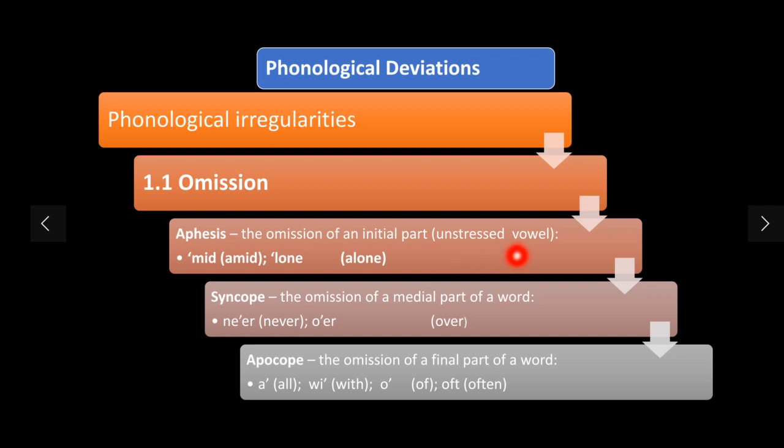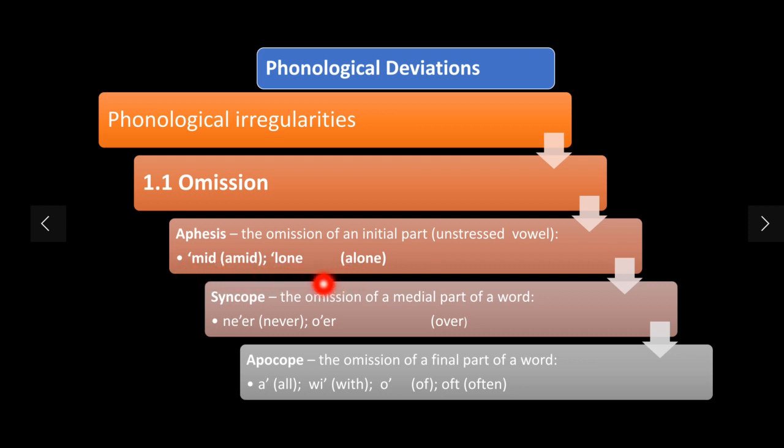So when there is a syllable or a word and the initial part of the syllable or word is omitted, this is called aphesis. For example, we have the word amid, and the initial part is omitted and it becomes mid.